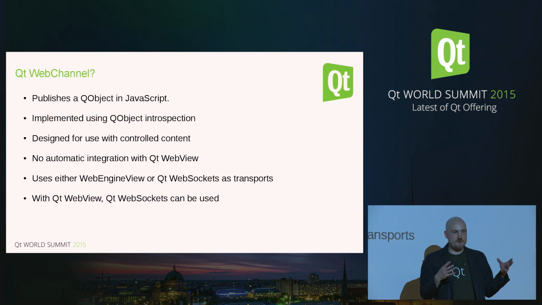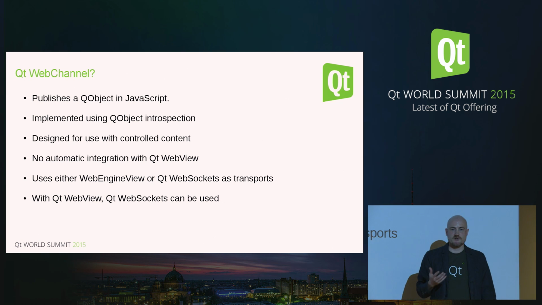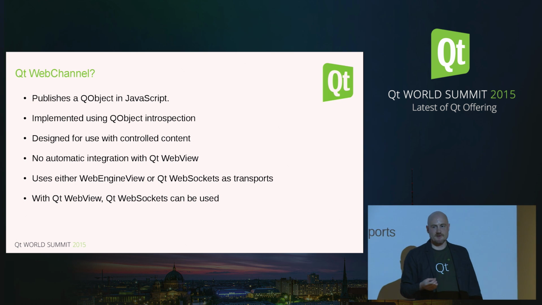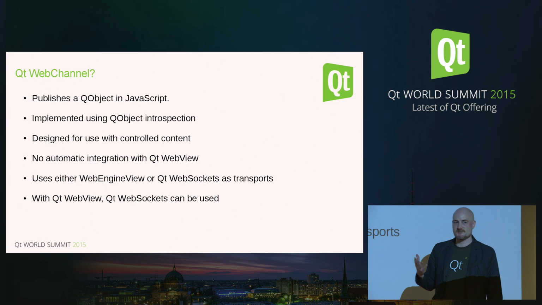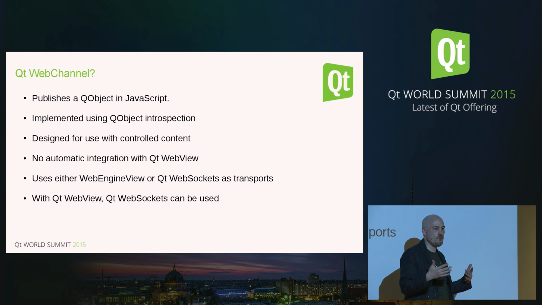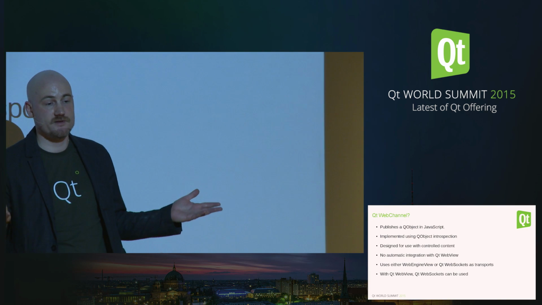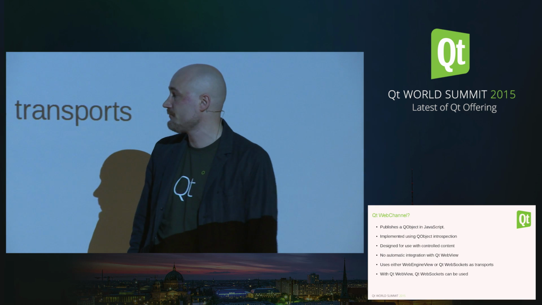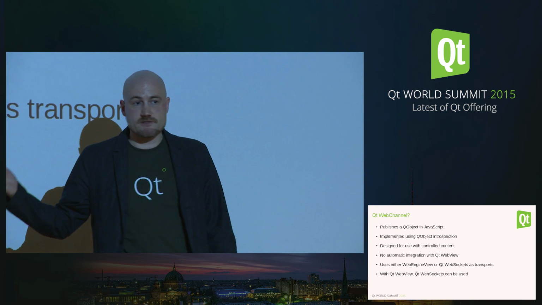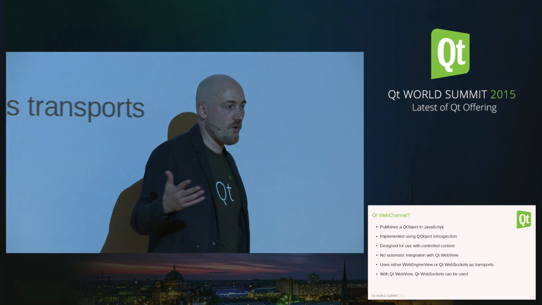But if people are writing a browser and want to have some functionality with this, just be careful with it because you can easily expose things from C++ that are dangerous if hostile websites get to it. I mean, you can do a lot of things with C++ you can export. So if you're using this, you just think about who has access to the object that you export, because you can export anything. It's really, really powerful technology. And well, it integrates directly with WebEngine, and with Qt WebView, you can do it over a WebSocket.